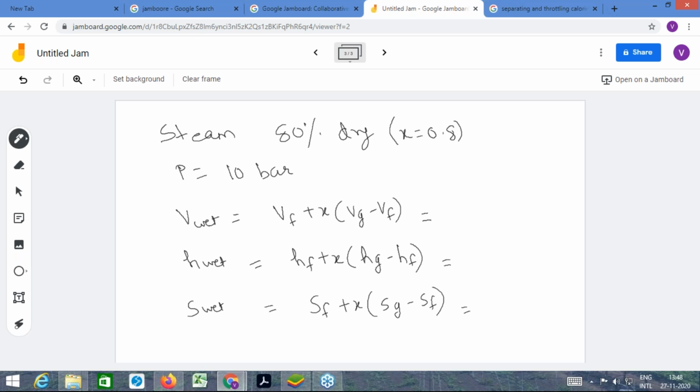Steam is 80% dry, the pressure is 10 bar. The absolute pressure of the steam is 10 bar.